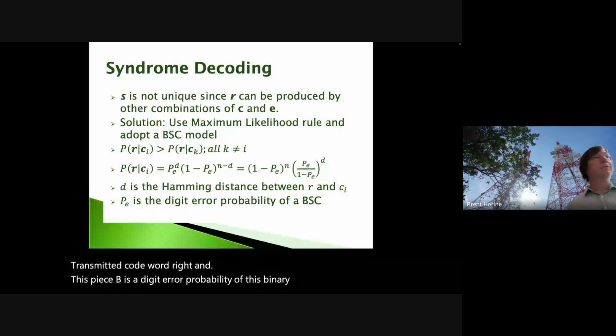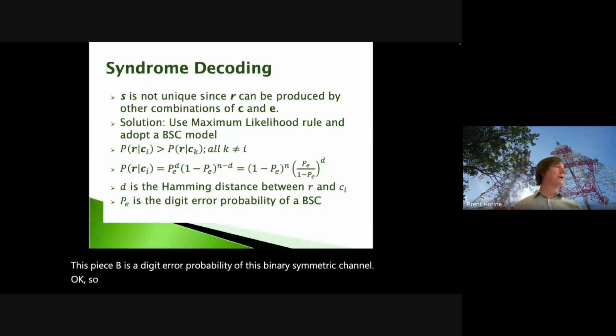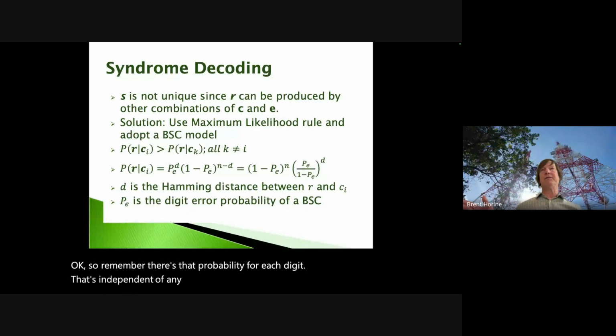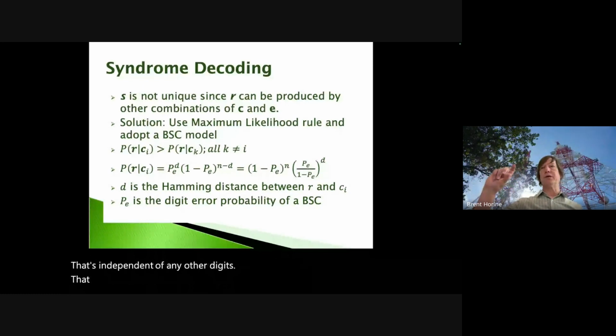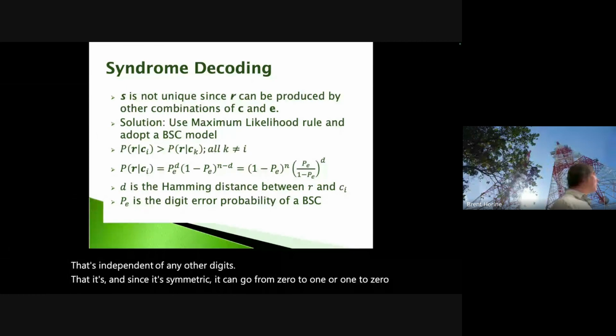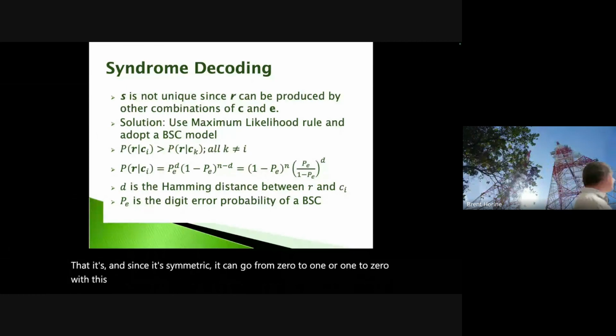Remember, there's that probability for each digit that's independent of any other digits, and since it's symmetric, it can go from 0 to 1 or 1 to 0 with equal probability p sub b.